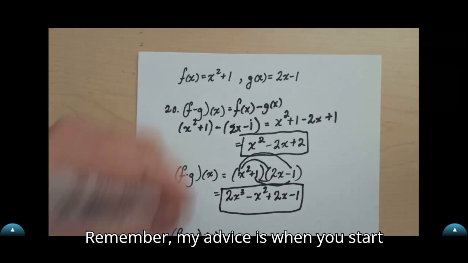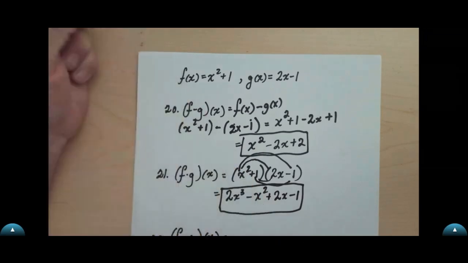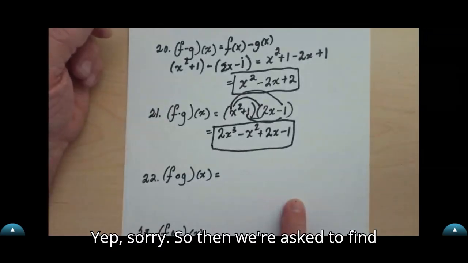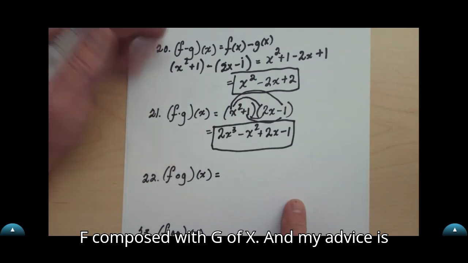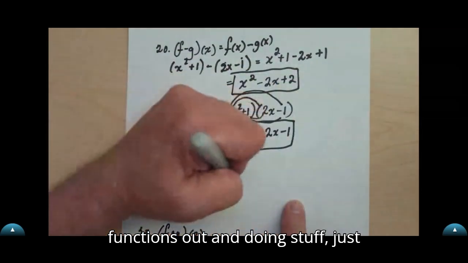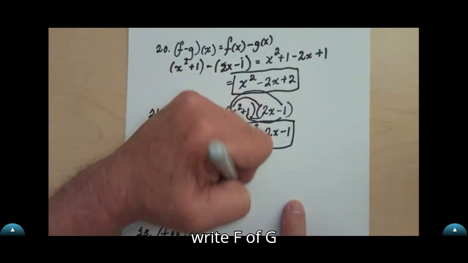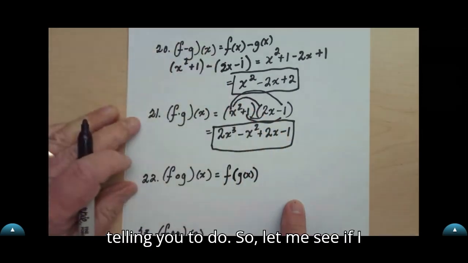Remember, my advice is when you start finding f composed with g of x. So then we're asked to find f composed with g of x. And my advice is before you start writing all the functions out and doing stuff, just write f of g of x to help you remember what it's telling you to do.